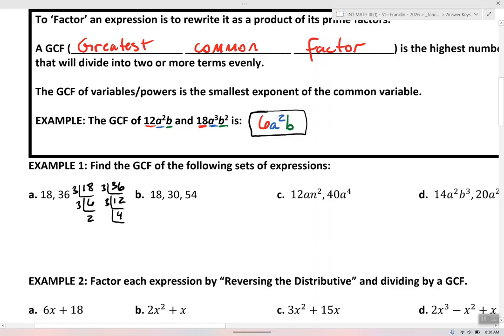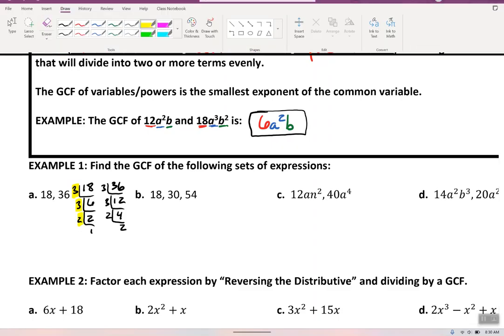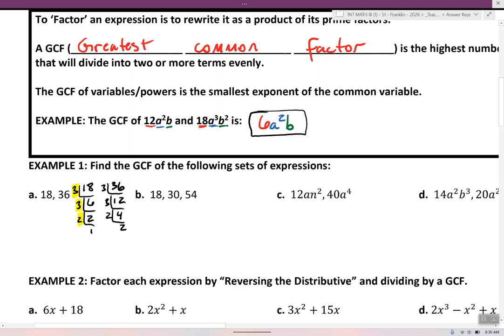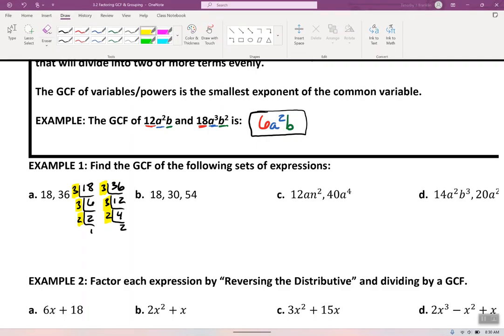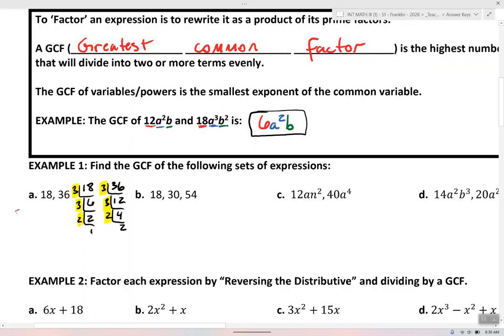We can divide those both by 2, get 1 and 2. Then we're done because we reached 1 here. Now if you multiply together the numbers they have in common, they both have a 3, a 3, and a 2. If you multiply a 3 and a 3 and a 2 together, you get 18, which is the GCF there.